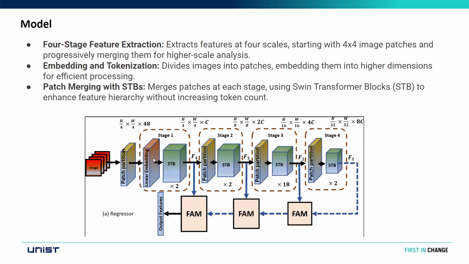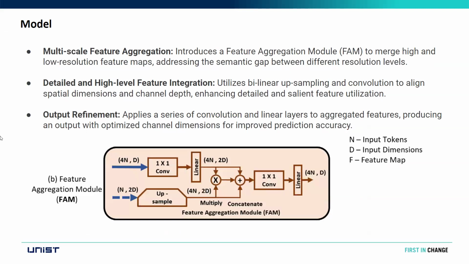So as you can see here, the gap between stage 1 and stage 4 will be remedied by the FAM, because on stage 1, we only have a high resolution, and on stage 4, we have a low resolution, and we need some kind of module in order to aggregate the 2 gap between those features. So the detail in the high resolution features utilizes bilinear upsampling and convolution to align spatial dimension and channel depths, enhancing the detail, salience, and the feature utilization.